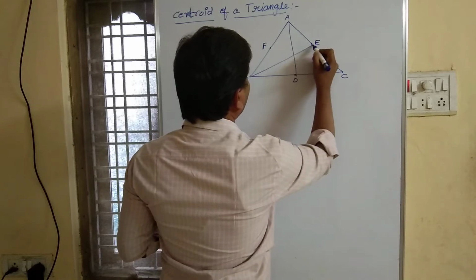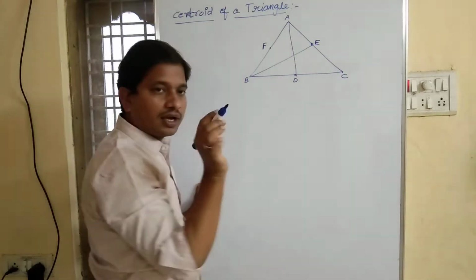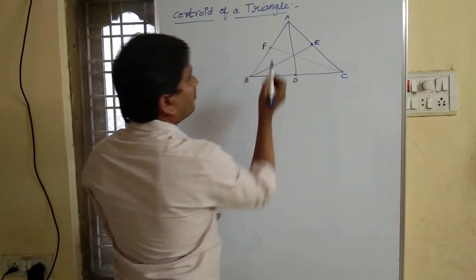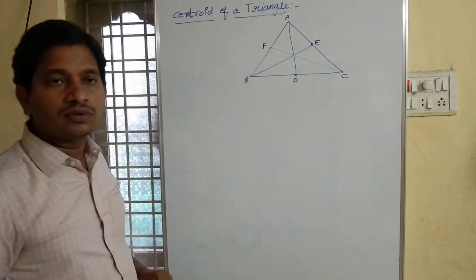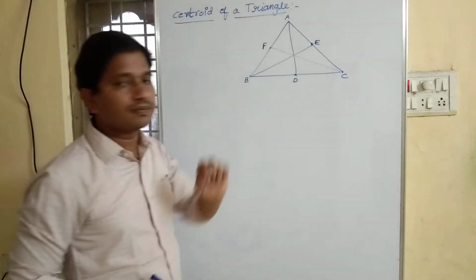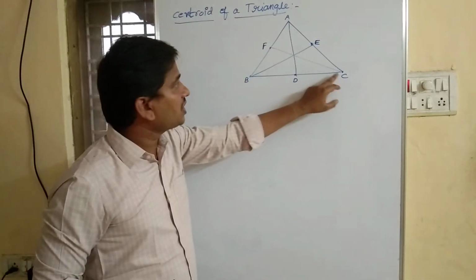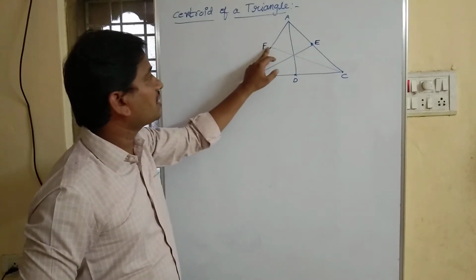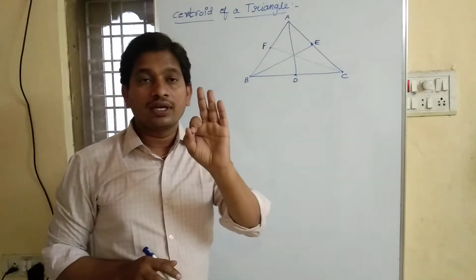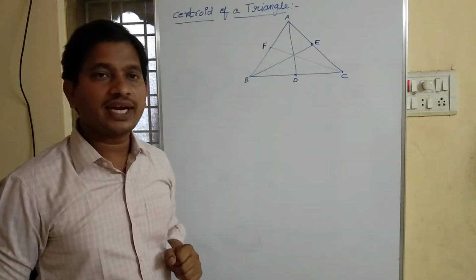BE is the second median and CF is the third median. That is, from vertex B to the midpoint of AC, which is E, and vertex C to the midpoint of AB, which is F. So a triangle has at most 3 medians, right?